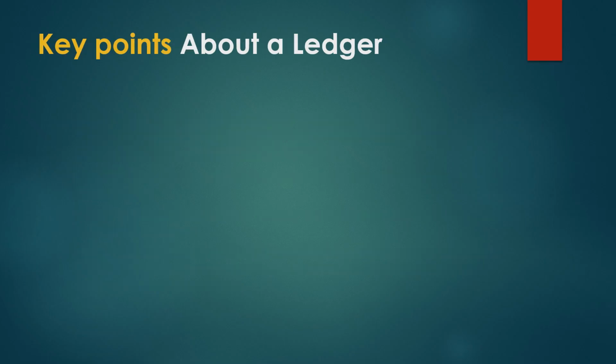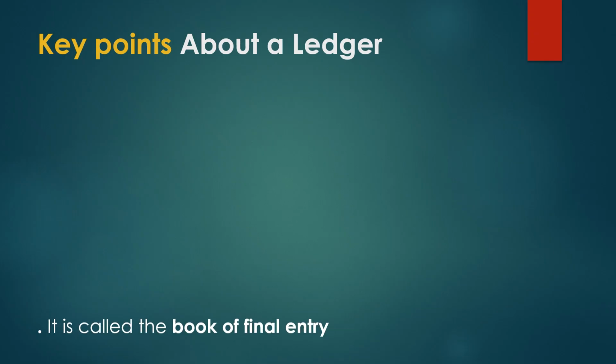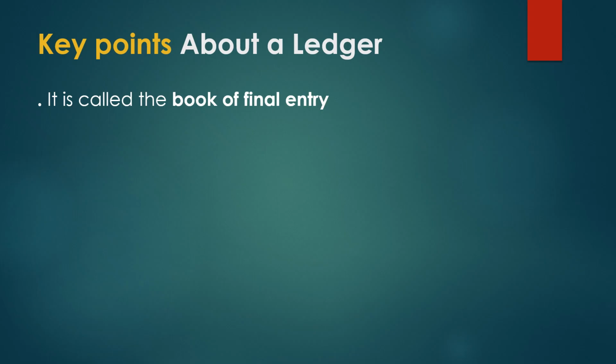Now let's look at the key points about a ledger. What are you supposed to know about a ledger? A ledger is called the book of final entry. What else are you supposed to know about the ledger?